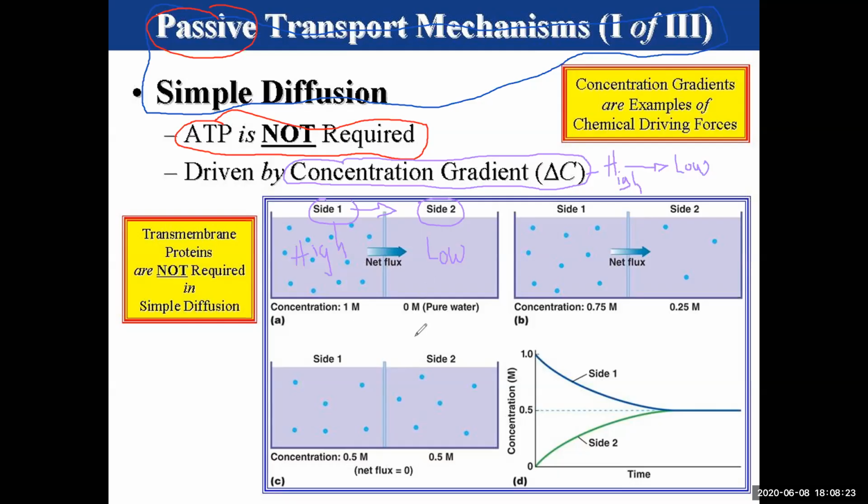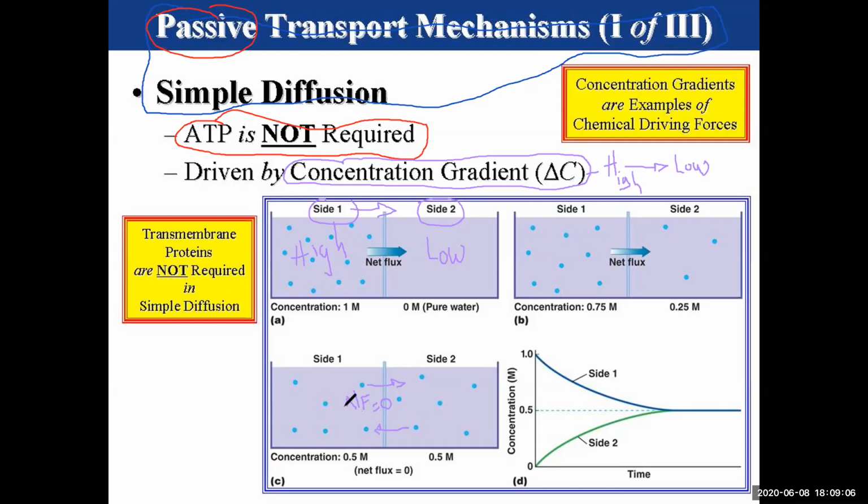And ultimately, when equilibrium is reached, like when site 1 and site 2 have the same concentration, then there's no more net flux. In other words, the net flux, NF, equals 0. What do I mean by net flux? In other words, for every molecule that moves from site 1 to site 2, there's another molecule that will move from site 2 back to site 1.